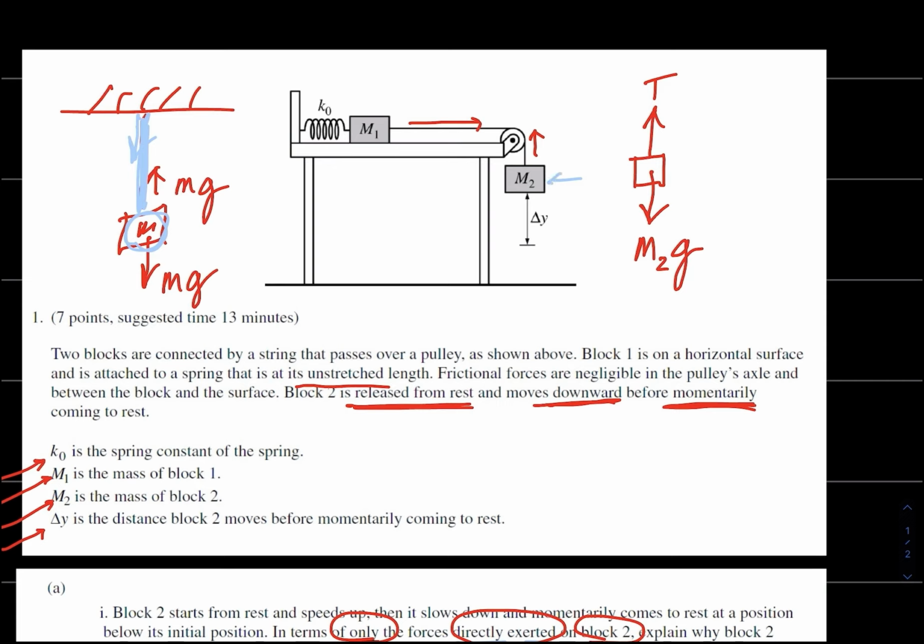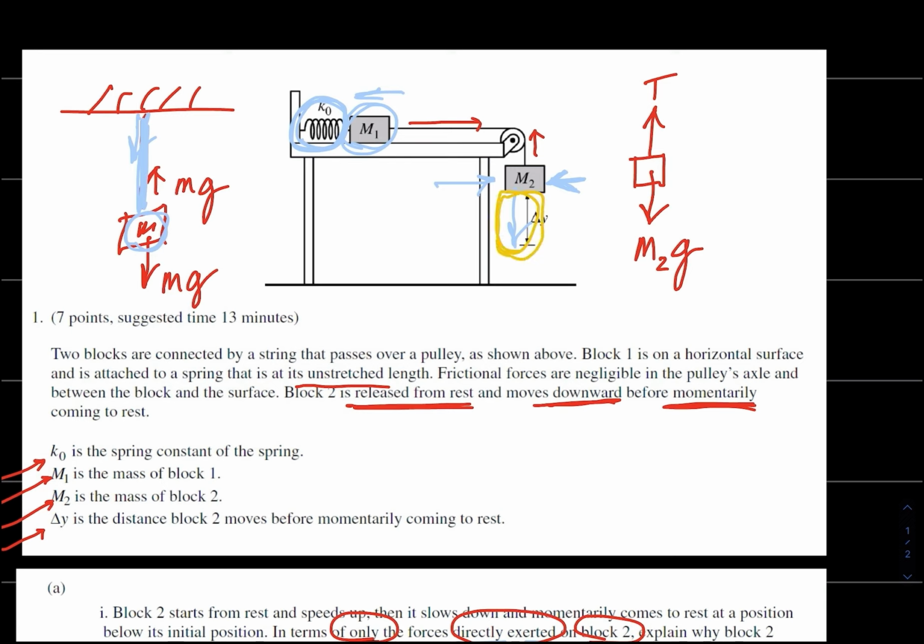When we're holding M2 in place before we let go of it, the spring is in equilibrium. Nobody's pushing mass 1 around, and we're holding this, so there's actually no tension in the string. But we know that when we let go of mass number 2, gravity is going to move it down, and that's going to start to pull the spring, and the spring is going to try and pull it back.